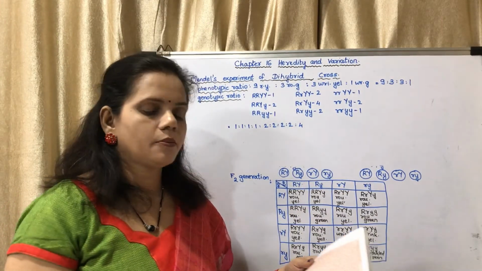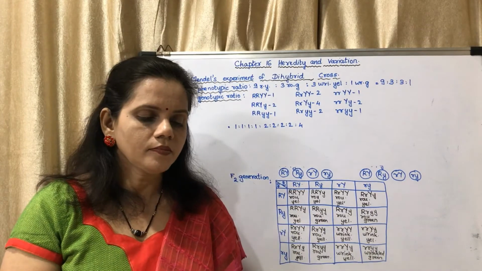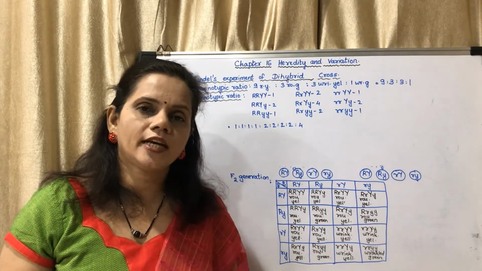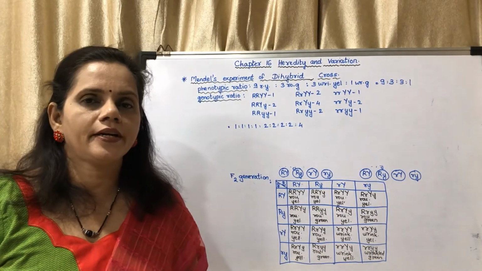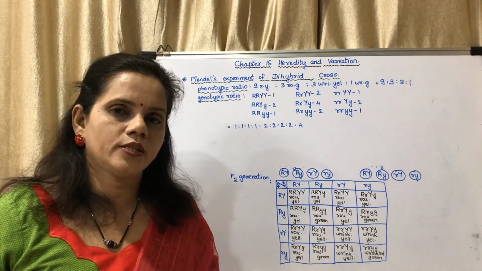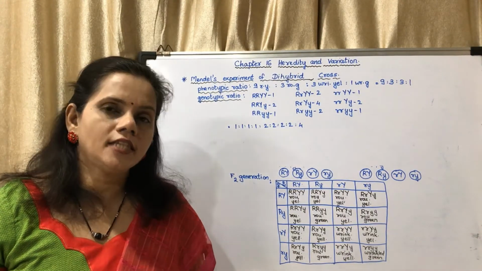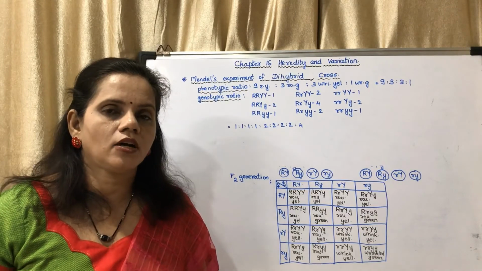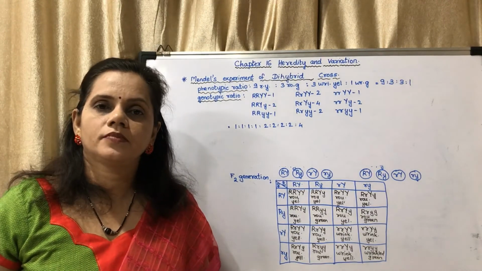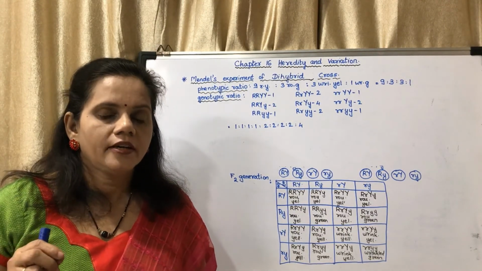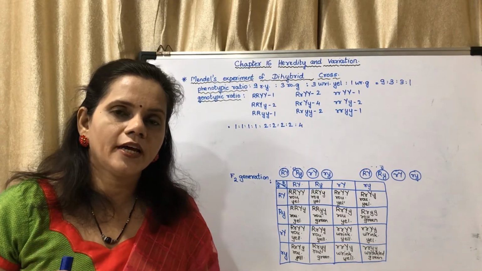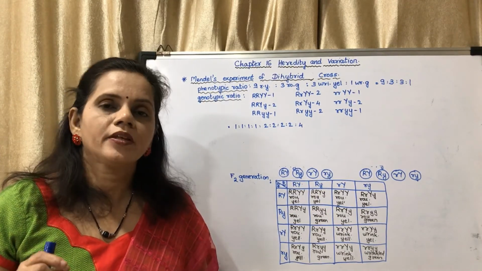Now you may take page number 187. So what is the genotypic ratio of monohybrid cross? It is 1:2:1. What is the genotypic ratio of dihybrid cross? It is this. Okay, have you got it? Phenotypic ratio of monohybrid cross is 3:1.